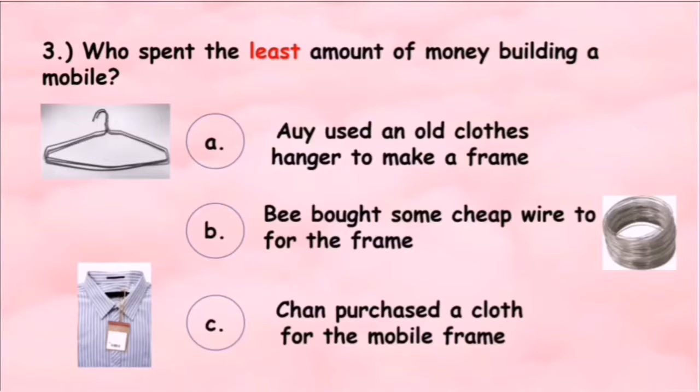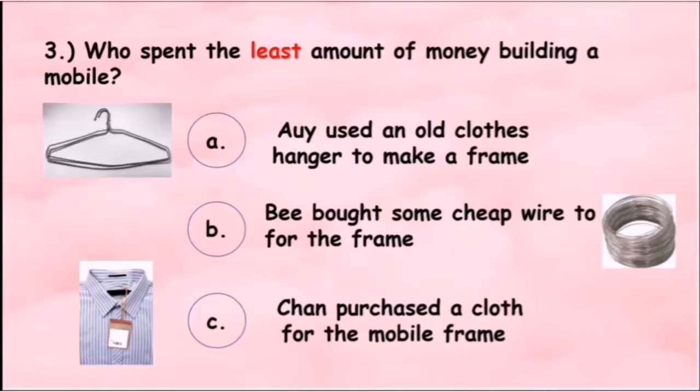But A did not buy any materials for her mobile. Instead, she used an old clothes hanger to make a frame. So, among the three people who spent the least amount of money, please shade your answer.